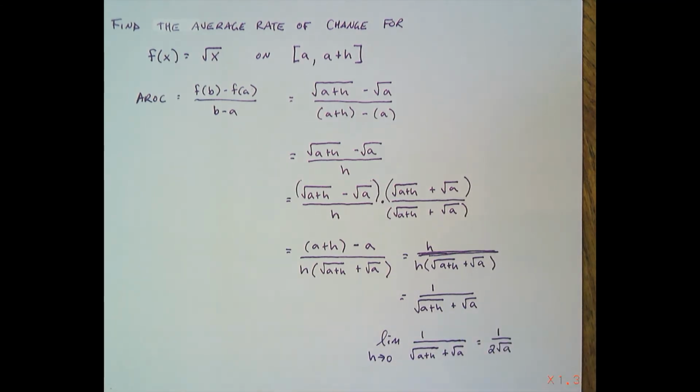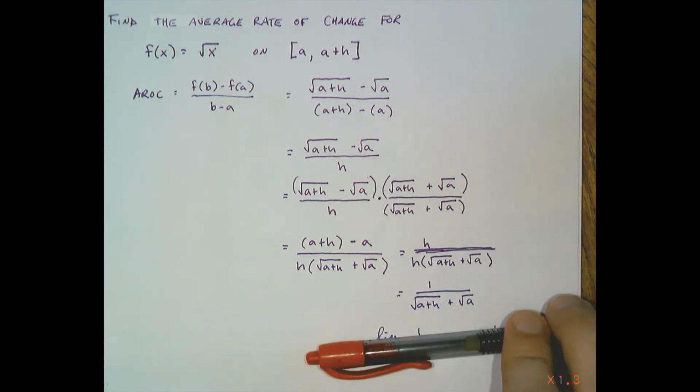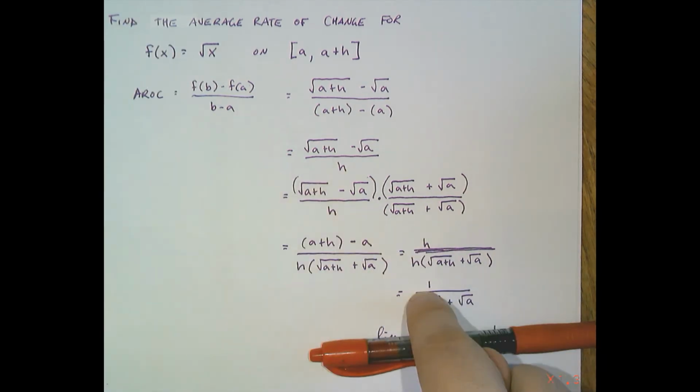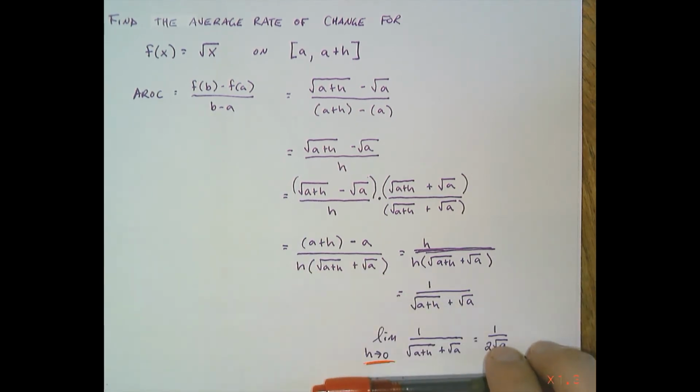Now remember, this portion here is not what we're asking in the problem. This is the connection to why we're learning limits in the first place. Our motivation is we learn average rate of change, and then we are going to say, well, what's the average rate of change over a very, very narrow window of space? And we get to this.